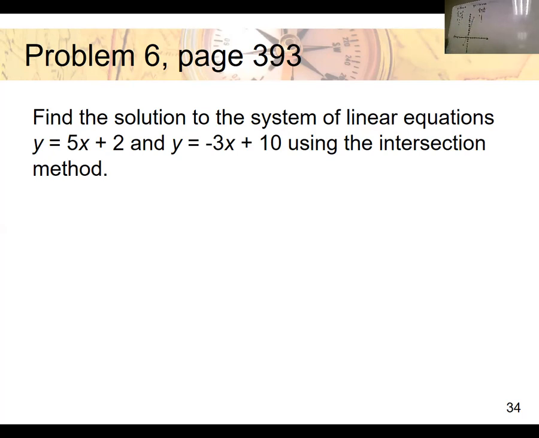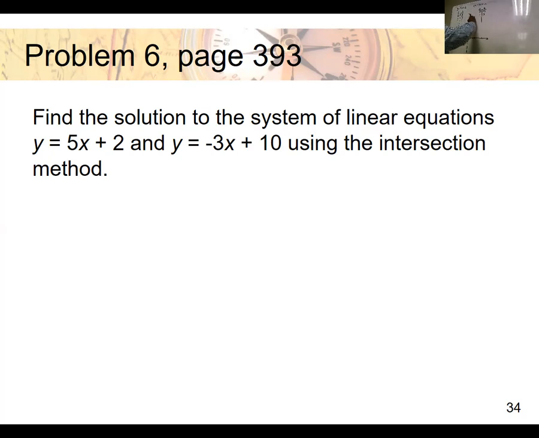Then for 1, negative 3 times 1 is negative 3, and negative 3 plus 10 is 7. Well, guess what? I have the same ordered pair here and here. So let me graph this. (0, 10) is up here, and (1, 7) would be right here.